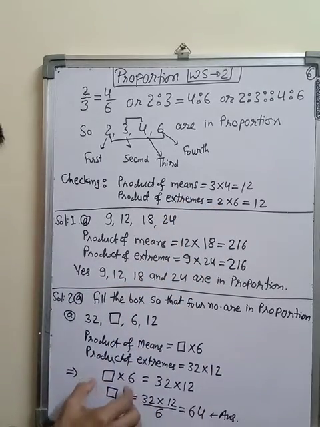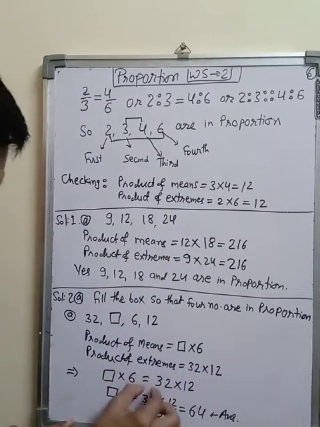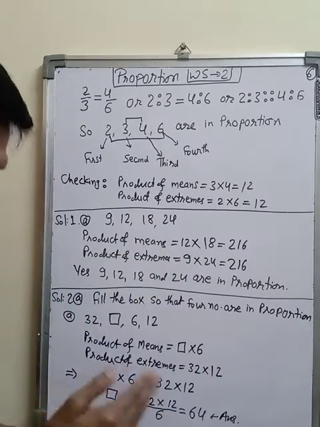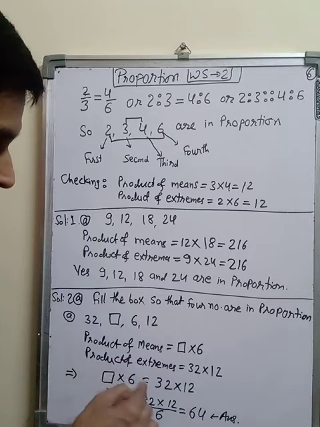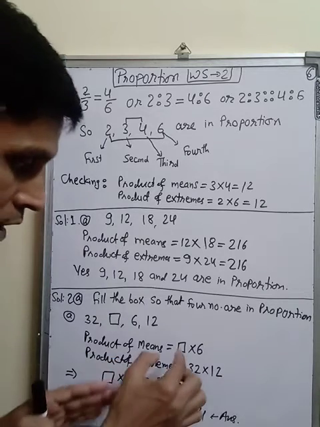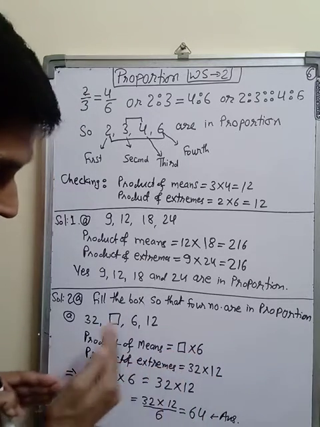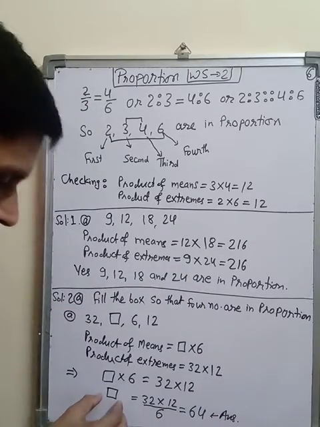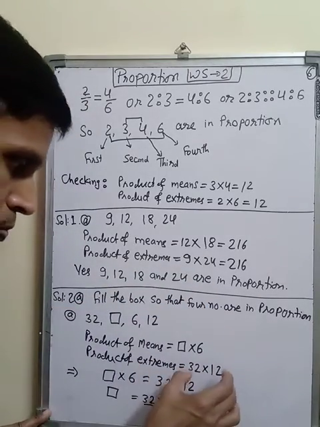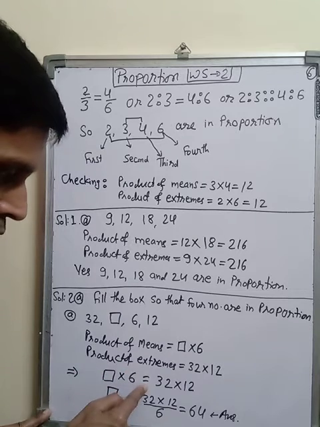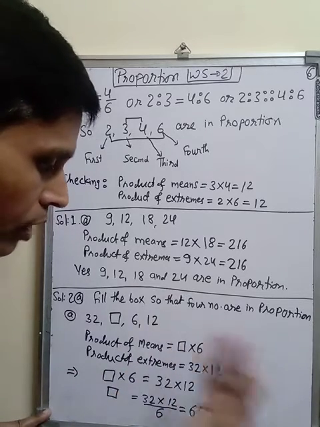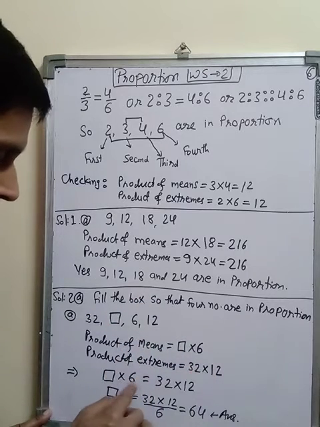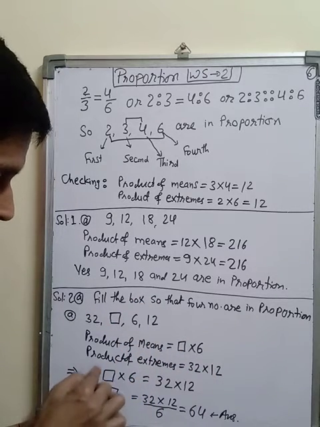So we write the product with the box first, before the equal sign, on the left hand side, so that we can find the value of this box, and the other pair on the right hand side. This is the procedure to solve.